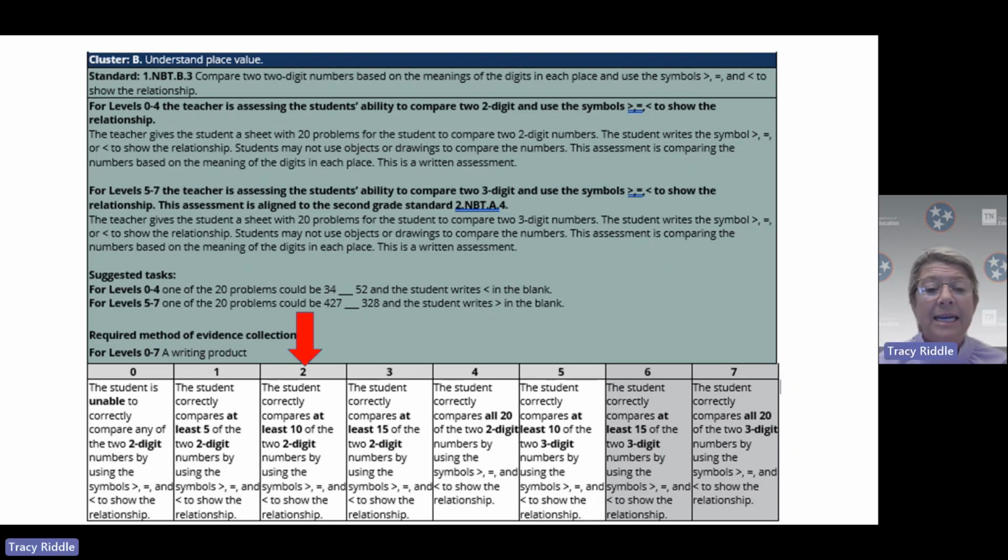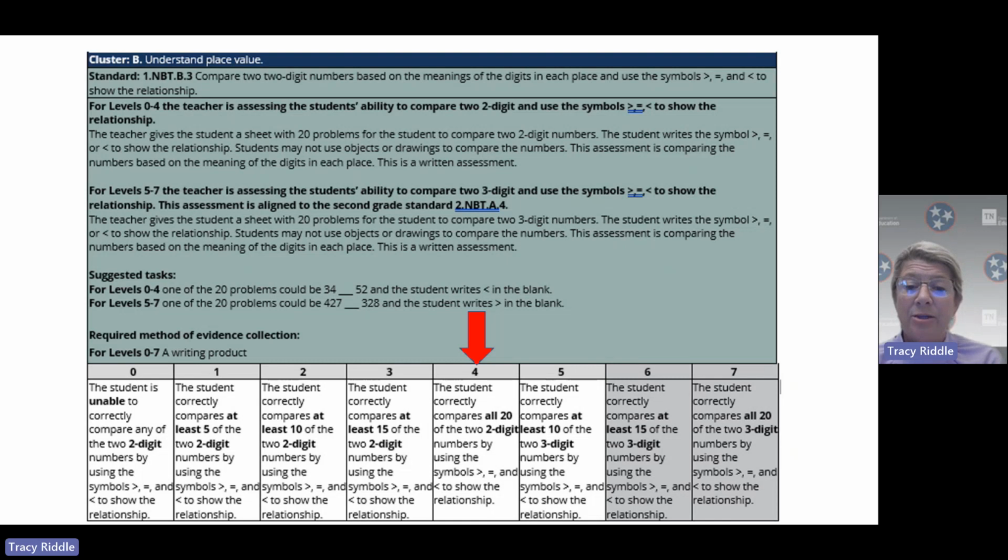If at least 10 of the answers are correct for those 20 problems, the score is a level 2. If at least 15 of the problems are answered correctly, that is a score of a level 3. And if all 20 of the problems are answered correctly, that is the score of a level 4.